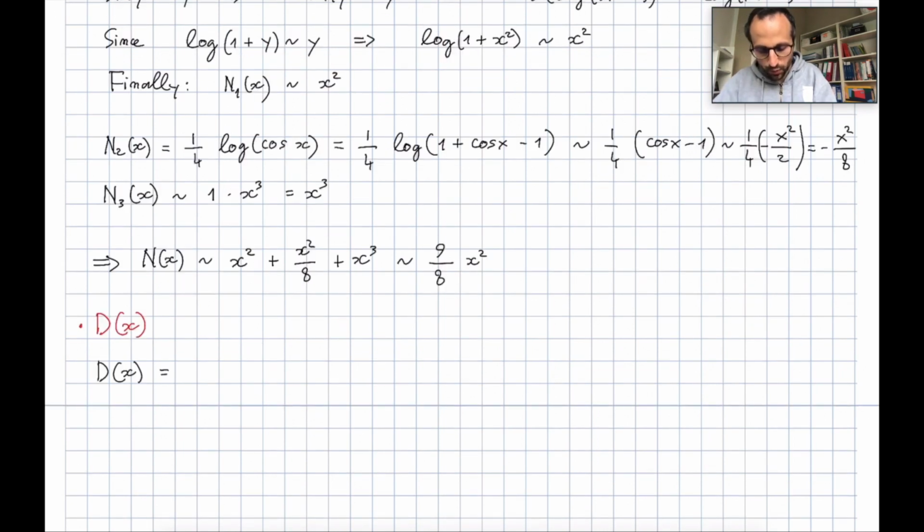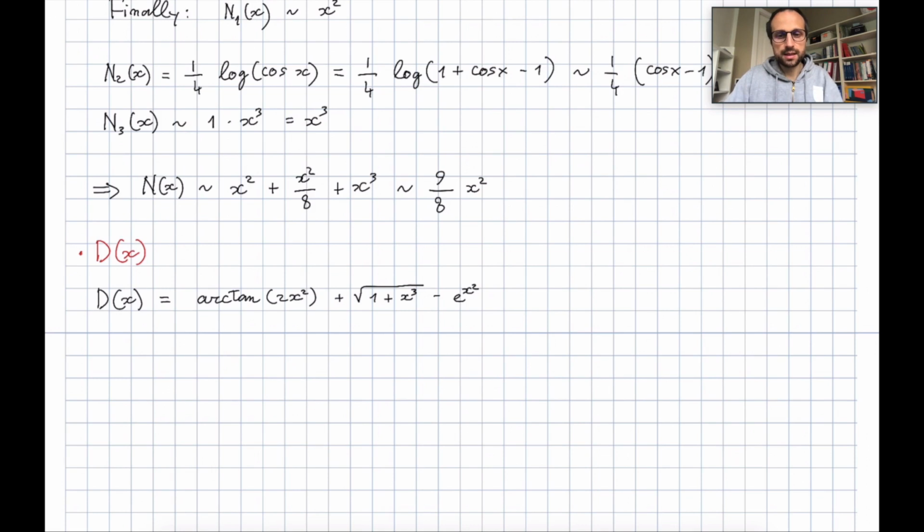D of x was, now you remember that the limits of these three factors were 0, 1, 1. Since I like zeros more, I'm going to rewrite this as arctan of 2x squared plus square root of 1 plus x cubed minus 1 plus 1 minus e to the x squared.